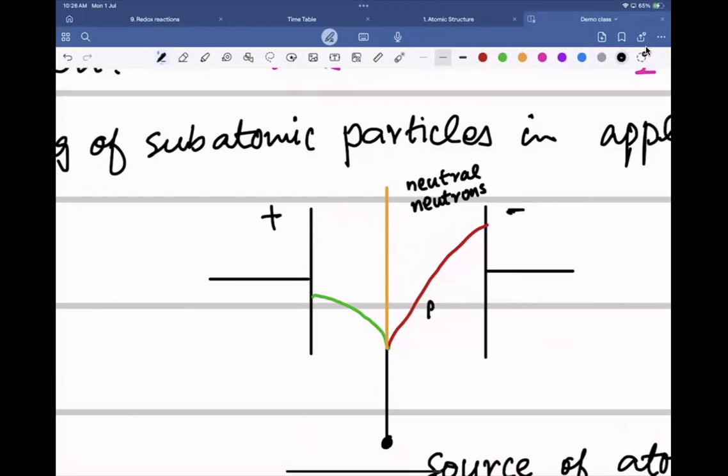Yes. And if they are positive, that's why we consider them protons. Okay. And the one which deflected towards the positive plate must be negative, and that's why they are considered as electrons. Is this understandable? Yes, sir.